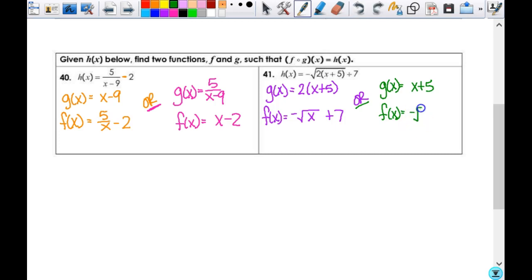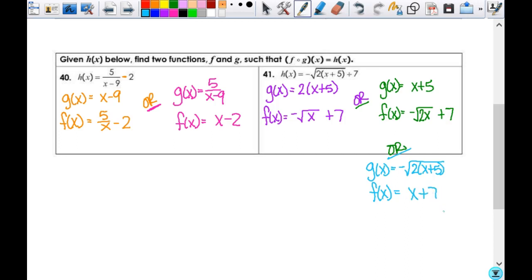All right, negative square root of 2x plus 7. Or I could say g of x is equal to negative square root of 2 times x plus 5, and then f of x would be x plus 7.